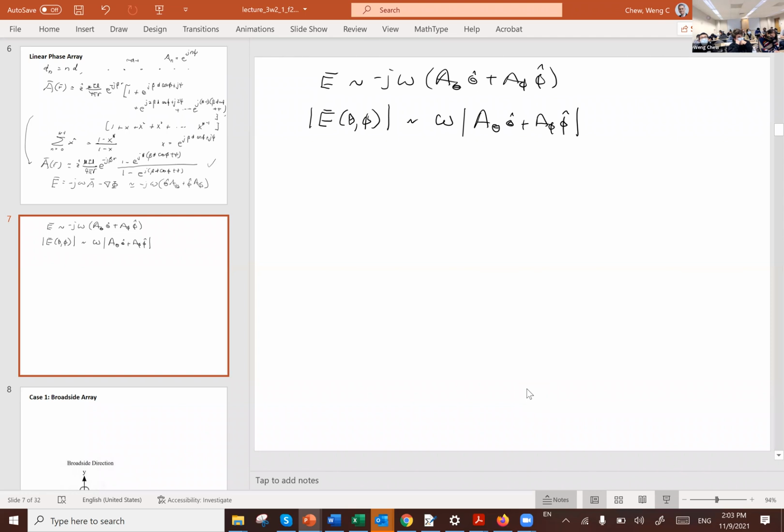And if you confine yourself to be on the XY plane, the electric field will only have one theta component. No more phi component.